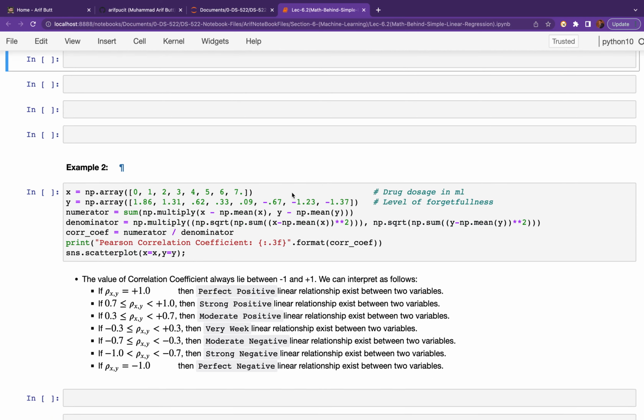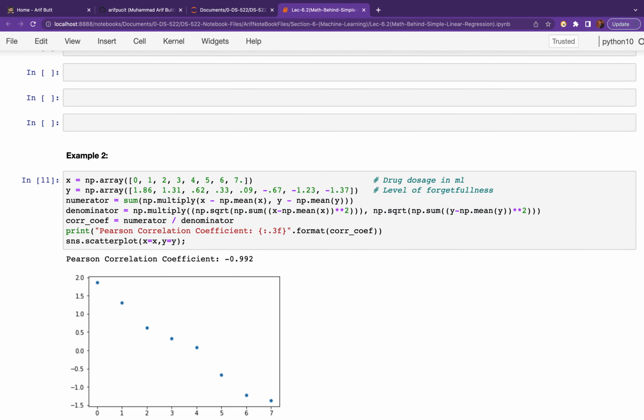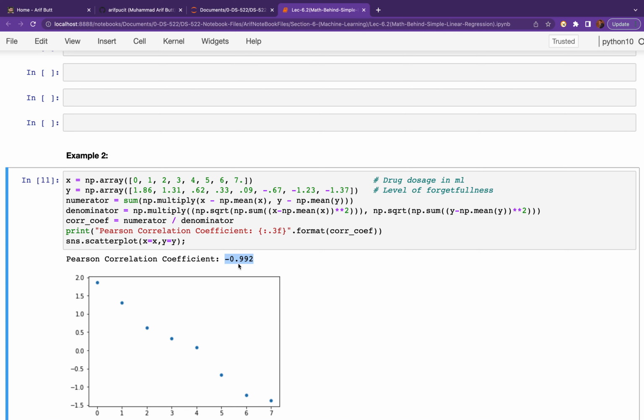Okay, so let me execute the code of this cell now. Well, here the Pearson correlation coefficient is minus 0.99. So we conclude that there exists a strong negative relationship between the two variables. So if you increase the value of one variable, the value of the other variable decreases and vice versa.